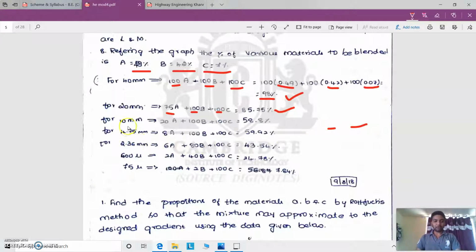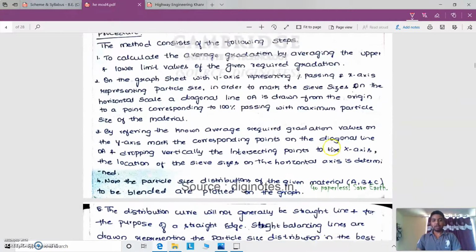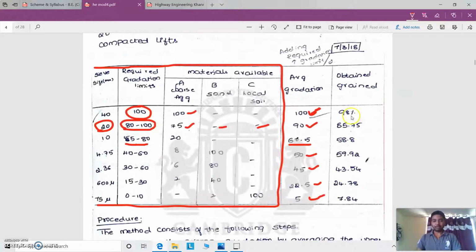Similarly for all the sieve sizes, we will have percentage passings, and those percentage passings will be multiplied with the proportions of materials A, B and C. Once we multiply, we get these percentages, and these percentages have to be tabulated in the table here.